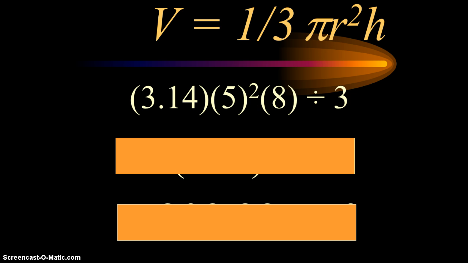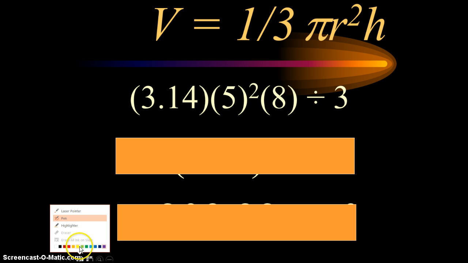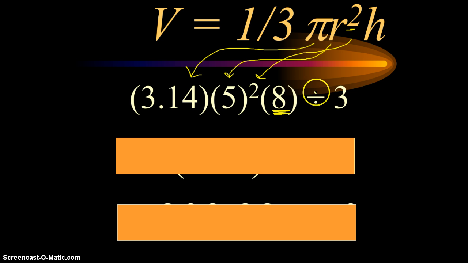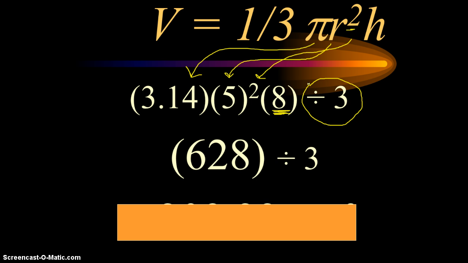Remember, pi usually, I've rarely seen it used as anything other than 3.14. 5 was our radius, and we're going to square it. By the way, pi r squared sounds like area to me, so really we're just finding the area for the circle. Taking that area, multiplying it by the height, the straight up and down perpendicular height of the cone, and then lastly taking that product and dividing it by 3.